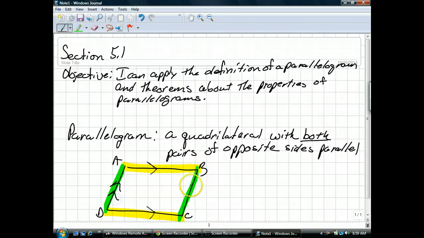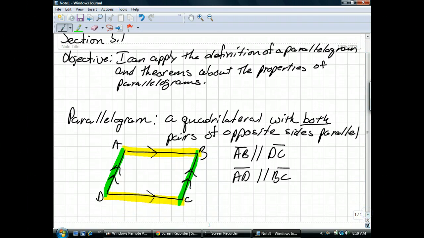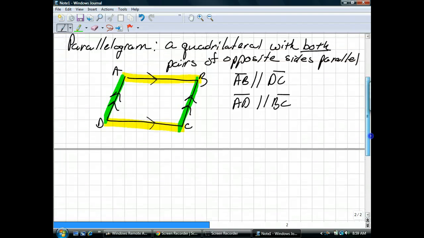So if we are told we have a parallelogram, then we know for sure that we have two pairs of lines that are parallel to each other. So we know that segment AB is parallel to segment DC, and we know segment AD is parallel to segment BC. Okay, so just by telling us we have a parallelogram, we know we have two pairs of parallel sides.